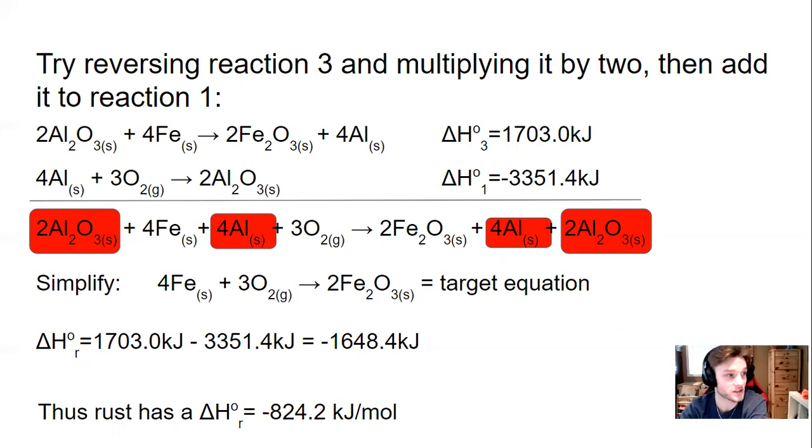Remember that we were asked to find the molar enthalpy of formation for rust. And this second last line here was the enthalpy of formation for 2 moles. Remember, the coefficient in front of the term is the number of moles that we have. So we have 2 moles here, so we divide by 2.